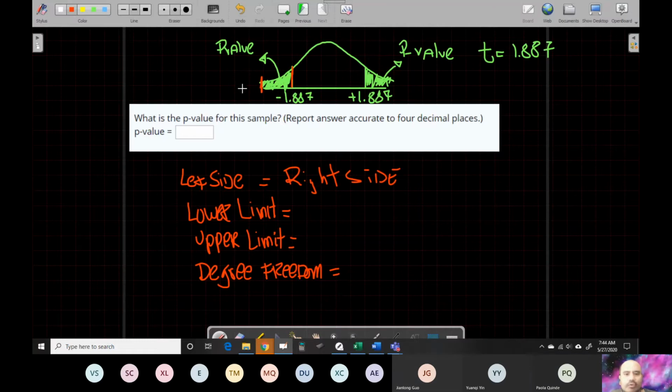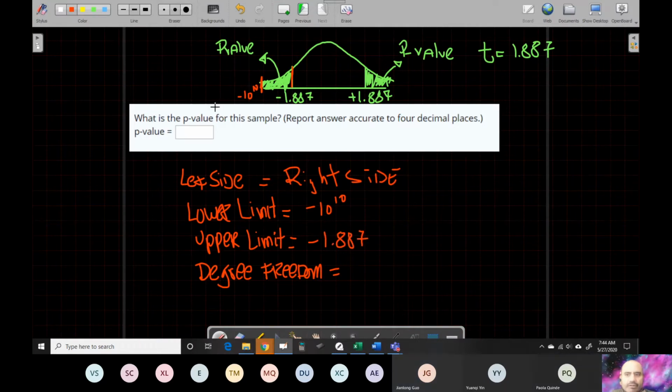What is the lower limit here? Because we want to find this little piece of land here. We need to know the beginning and we need to know the end. So what would be the beginning? Minus infinity. So this is the way we write it. Now, the end of this little piece of land here is negative 1.887.